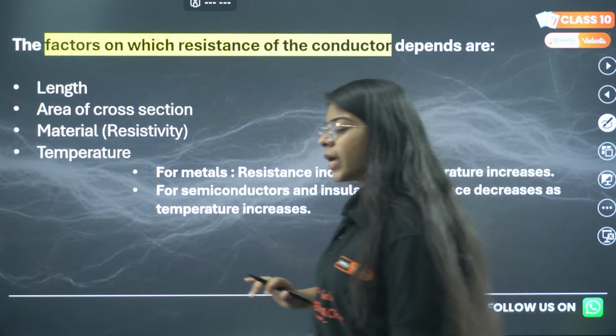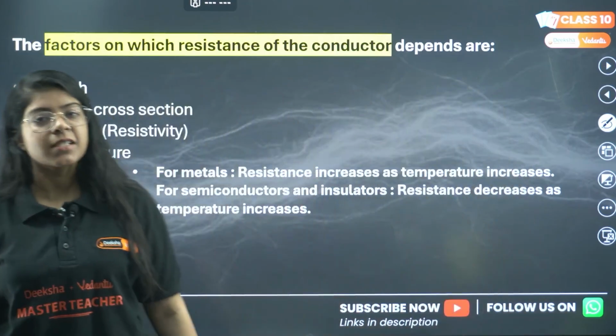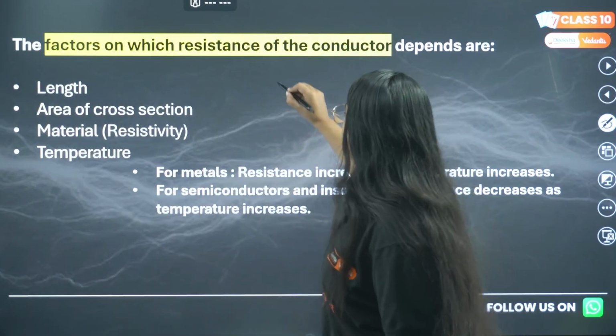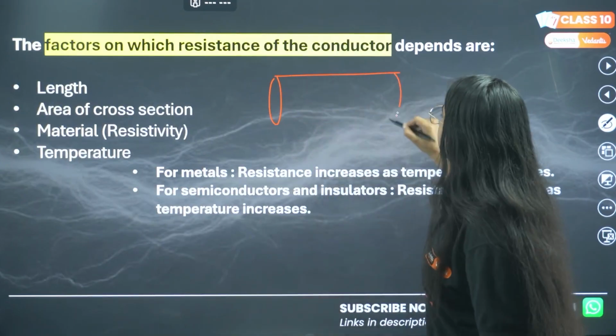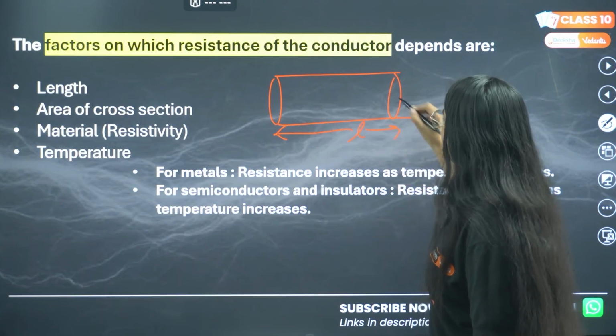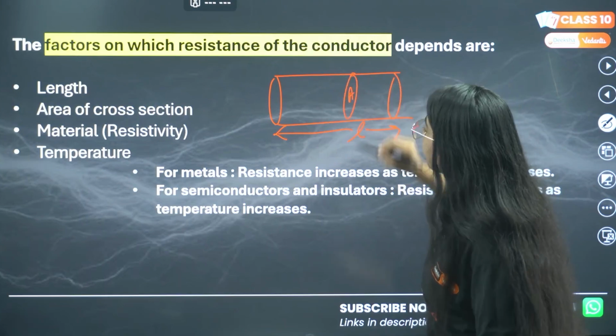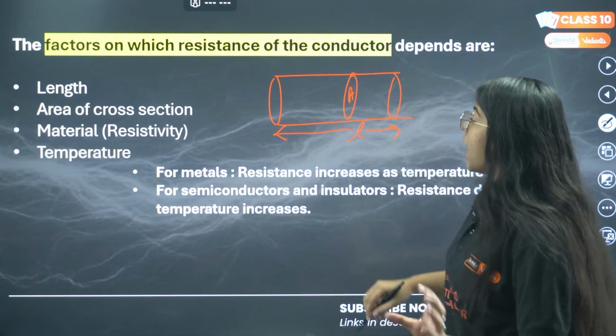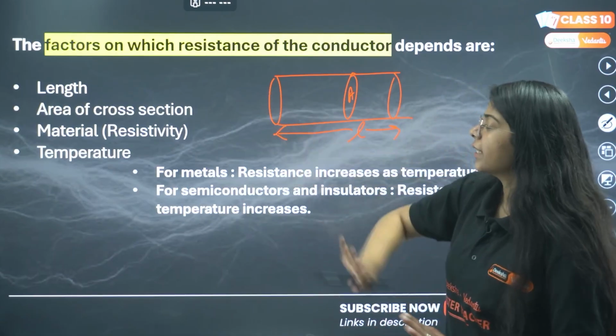So there are certain factors that our resistance depends on. What is it? It's length of the conductor. We had that conductor there, right? This is our conductor. So this is my length of the conductor. This is the area of cross section, and then material that we'll study later, and temperature.